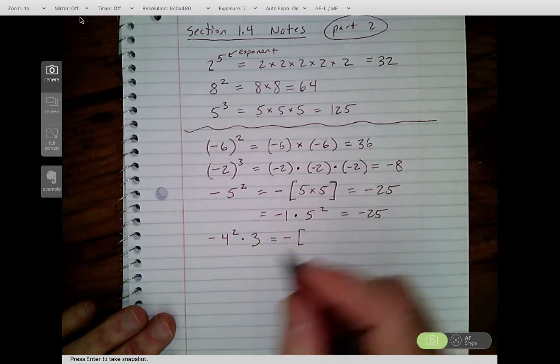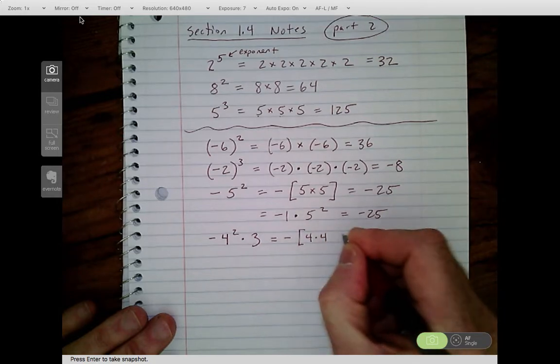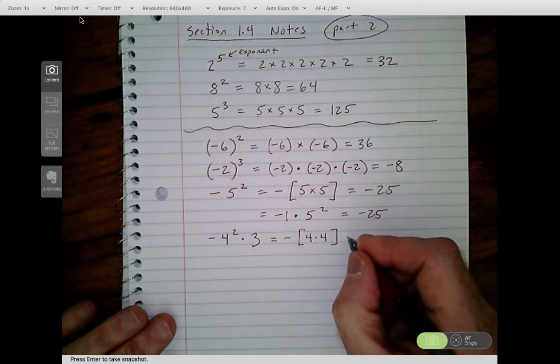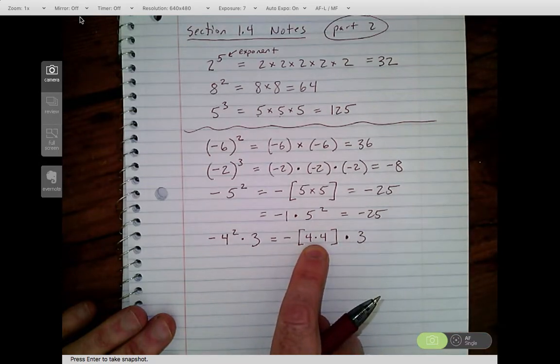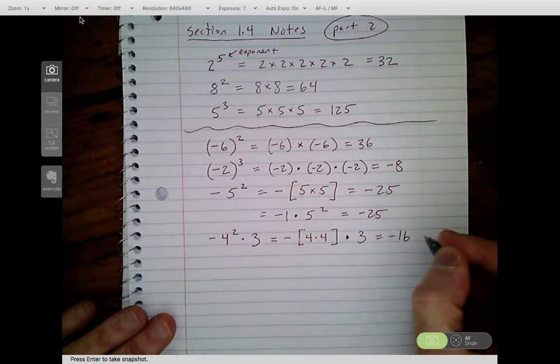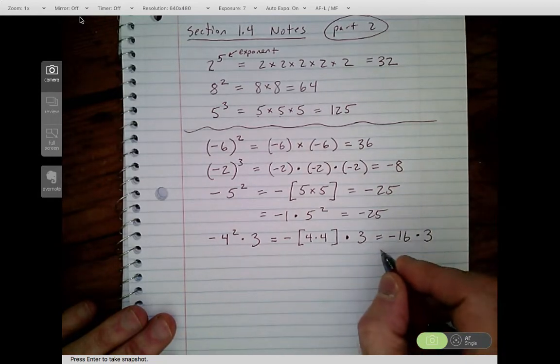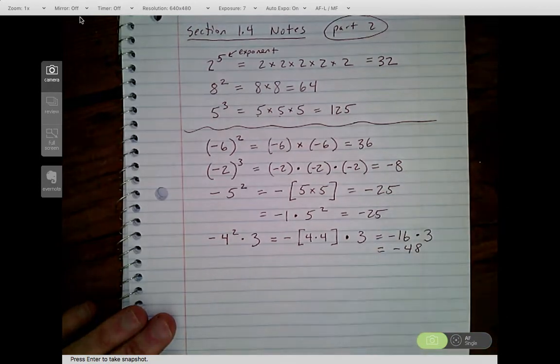Again, I'm going to use the dot for multiplying this time. 4 squared is 4 times 4 times 3. 4 times 4 is 16, so this becomes negative 16. And then you're going to multiply that by 3. 16 times 3 is 48, so negative 16 times 3 is negative 48.